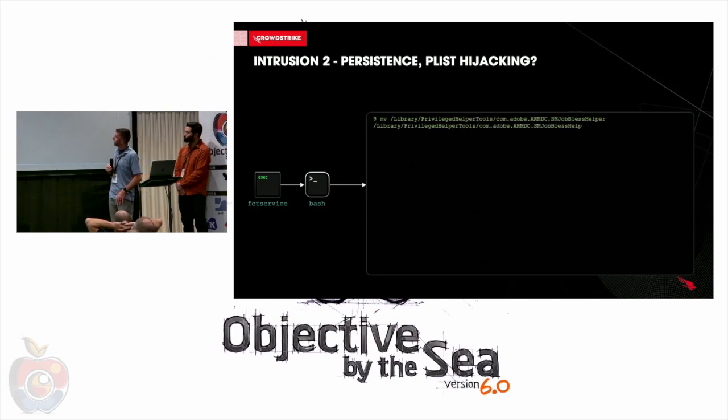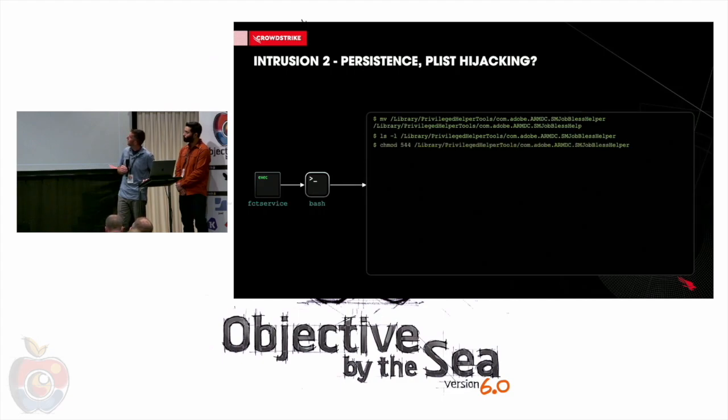So they start off by moving the legitimate jobless helper binary to sm jobless help. So they basically take that and they set it aside. They want to make sure that they've got sm jobless helper there, which is actually part of their implant framework, and they set that executable.